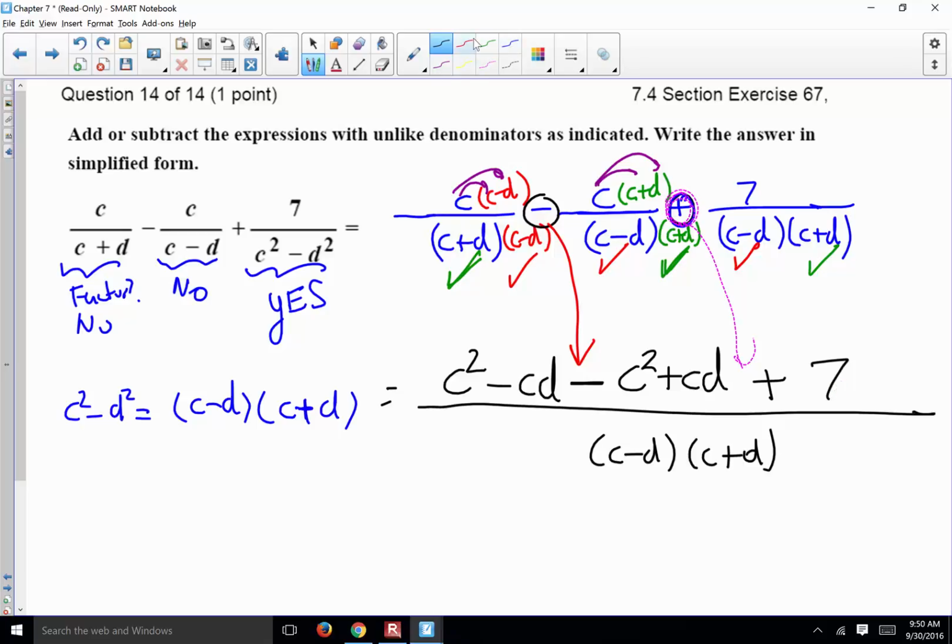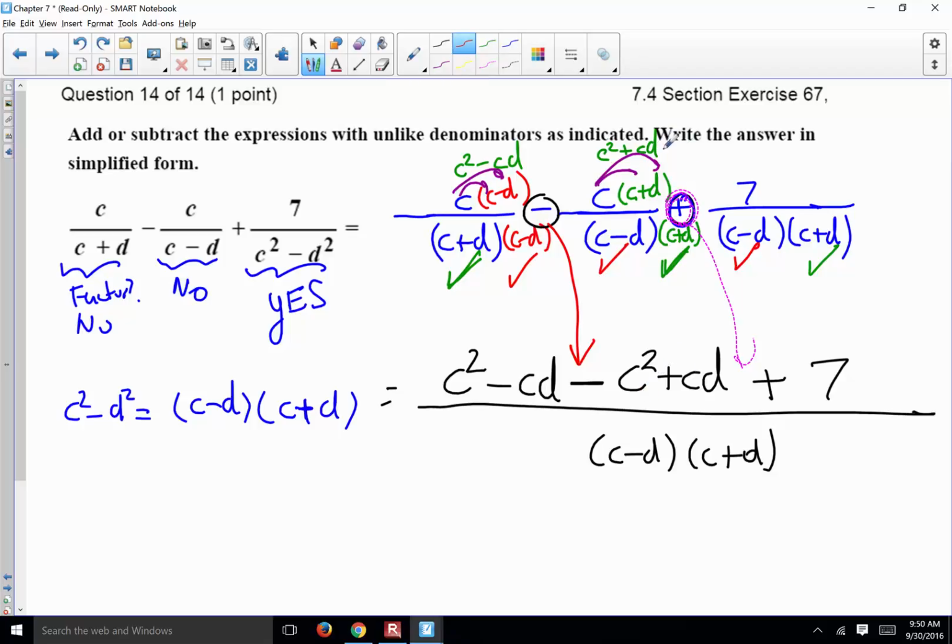Let me tell you what I did. I multiplied c times c, c squared, c times minus d, minus cd. I took it down here. Fine. I multiplied c times c, c squared, c times d, plus cd. I moved it here. Fine. But the signs, because of the negative sign. Right.